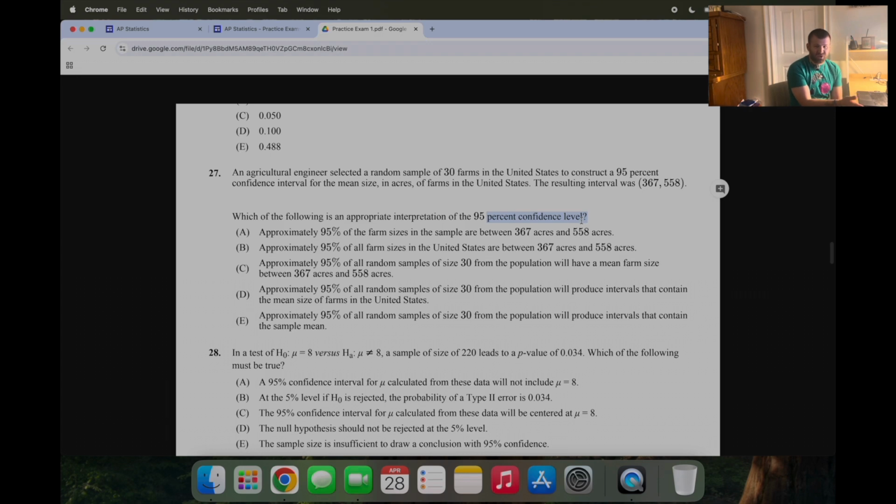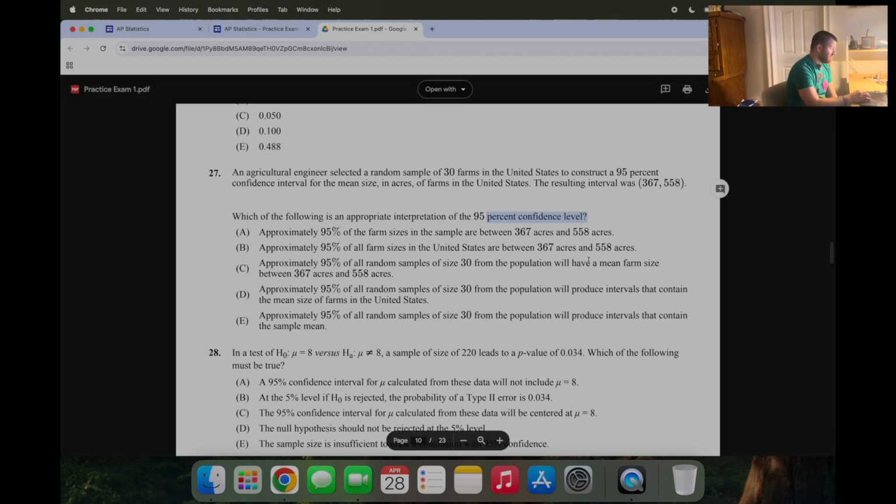Which one has the wording of 95% of all random samples? Oh, but wait a minute. There's 2 of those, D and E, and this is incredibly common on the AP exam. They will do this to you. The wording between these 2 is very small. One says population mean, one says sample mean.